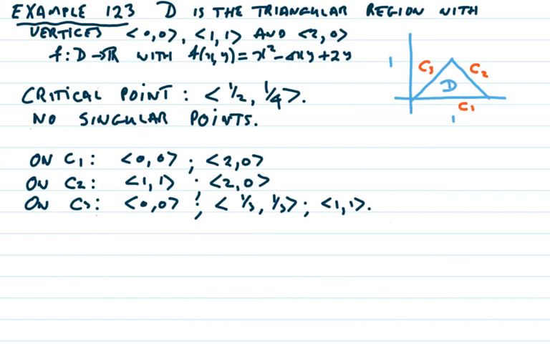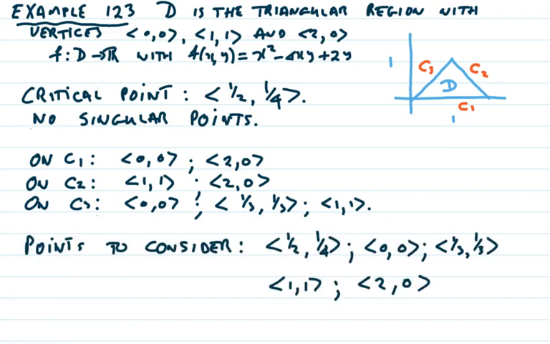We follow the same procedure to find the points on C3 where f can possibly have an extreme value. You can follow the calculations in the lecture notes. We have now gathered all the points that we need to consider where f can possibly attain an extreme value.